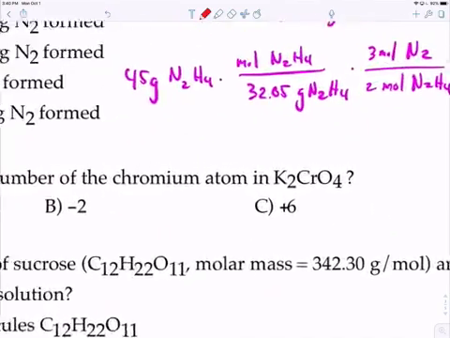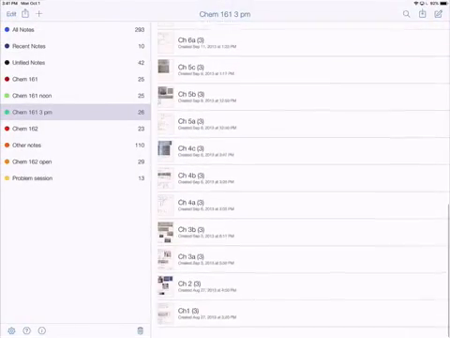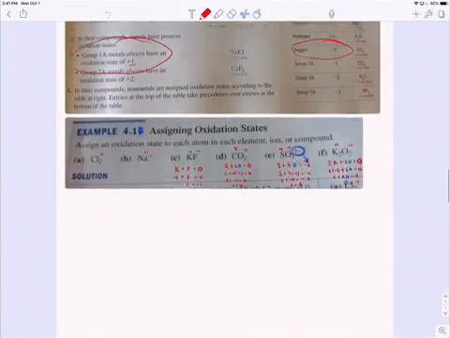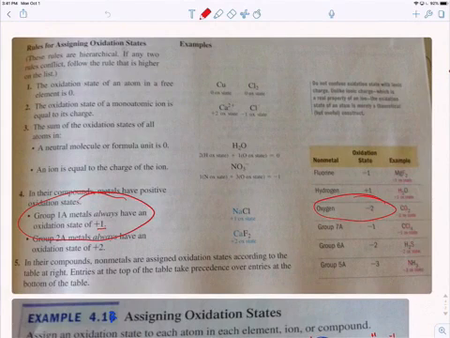Okay, oxidation number for chromium in K2CrO4. So you don't have to memorize the rules for assigning oxidation states.